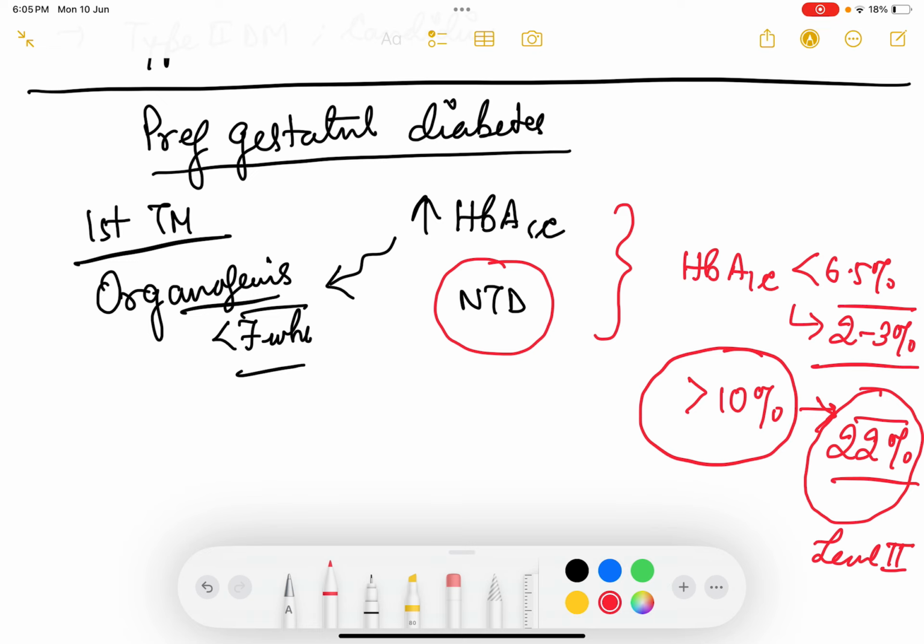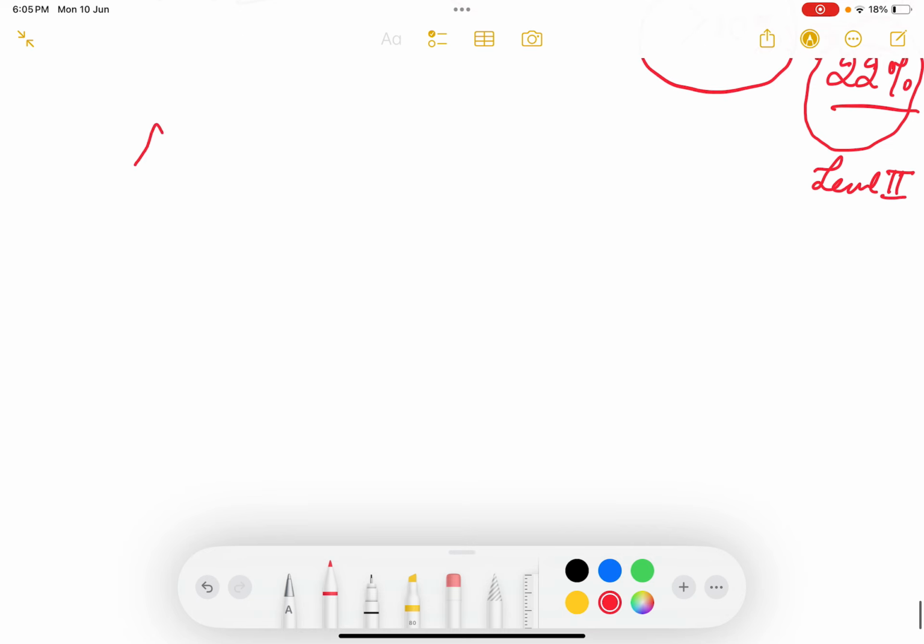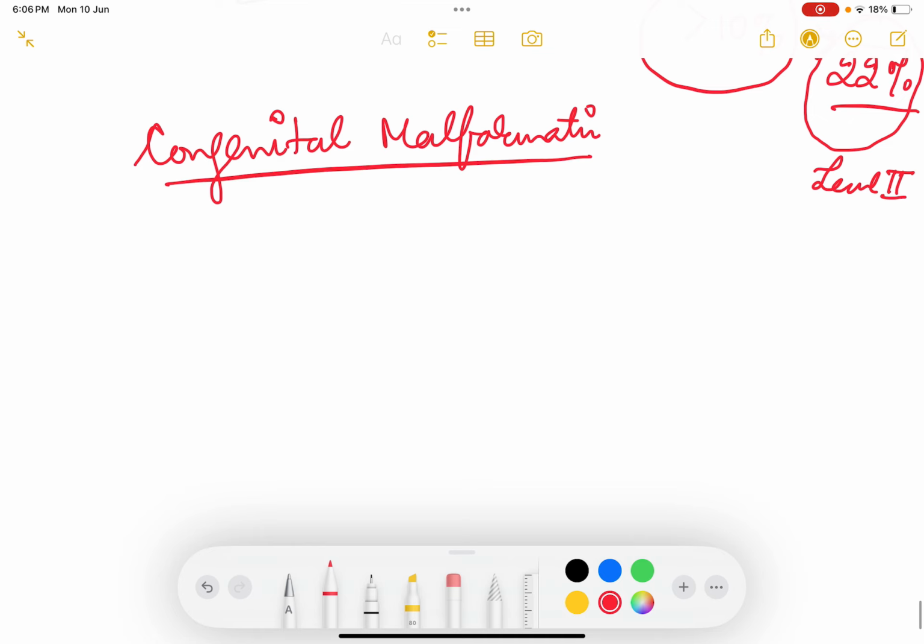Now what are the congenital malformations which generally occur in babies of mothers who are pre-gestational diabetes? Very important questions always come from this topic. Congenital malformations which are very common and very specific to infants of diabetic mothers. So always remember, this occurs in overt diabetes or pre-gestational diabetes, not in GDM of course.